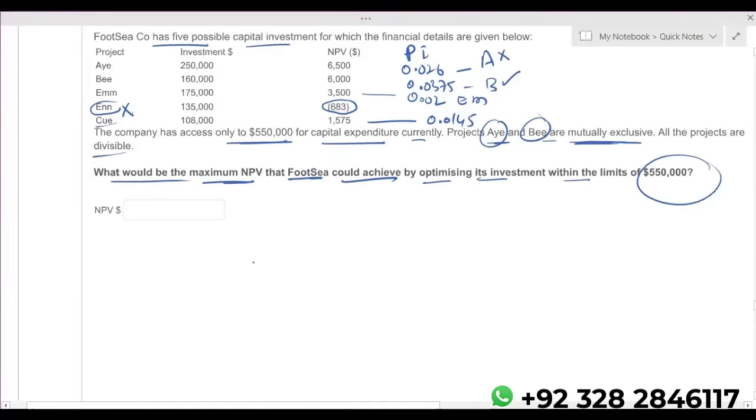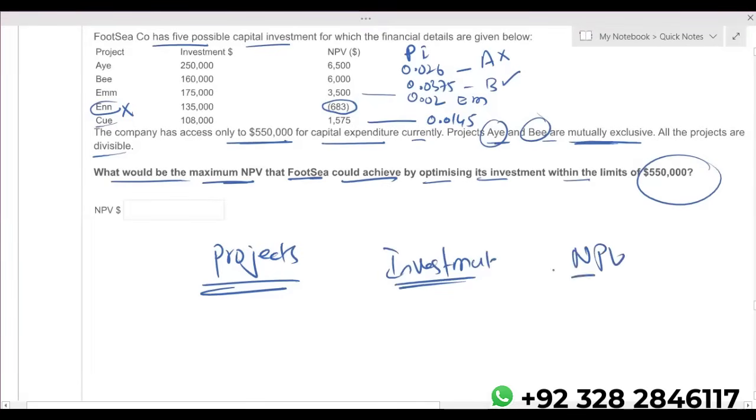Just very simple. Projects, investment, NPV. Of course, we'll start with B, leave the first one. How much will we be investing? 1,60,000. And your NPV will be 6,000.